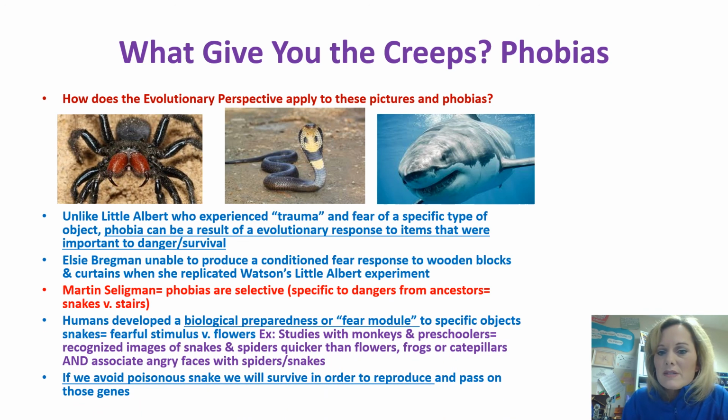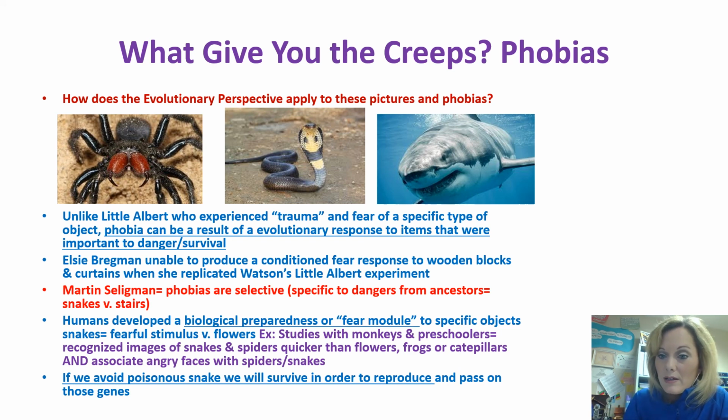They did some studies with monkeys and preschoolers, and the monkeys were definitely able to recognize images of snakes before they recognized and pointed towards the flowers. And preschoolers could pick out snakes and spiders, even if they had never had an adverse experience with them, quicker than they did flowers, frogs, and caterpillars.